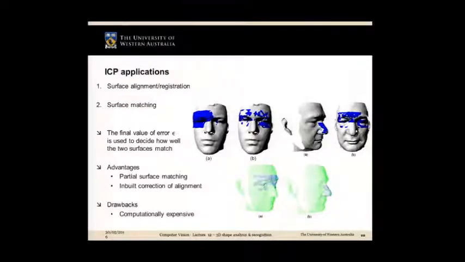You can also use ICP to align a small patch with the surface, but of course, that patch will be a part of the surface. You can look at these images. There are some tiny patches which have been aligned with the surface using ICP. And the final value of error is used to decide how well the two surfaces match, and that error we get from the cost function that we can compute, right?